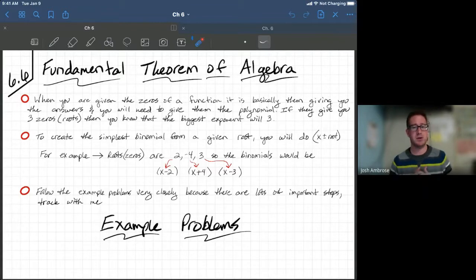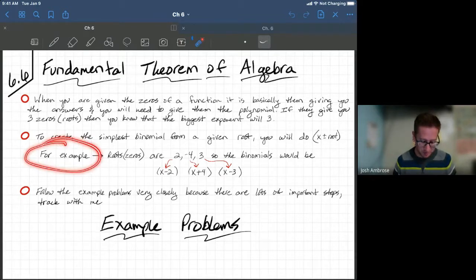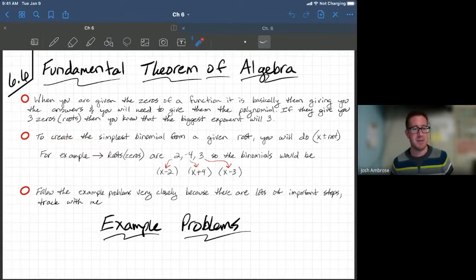So you're going to have much bigger polynomials as your answer, rather than these nice, simple, tiny polynomials. There's an example problem here. If you were given the values 2, -4, 3, and they say create the polynomial that has these roots, otherwise known as zeros, that means if you graph the polynomial, these are the x values where it crosses the x-axis.